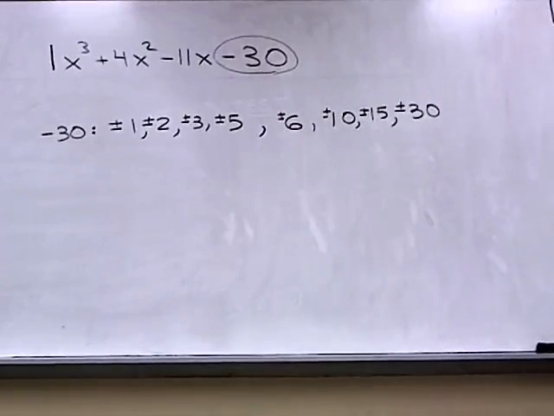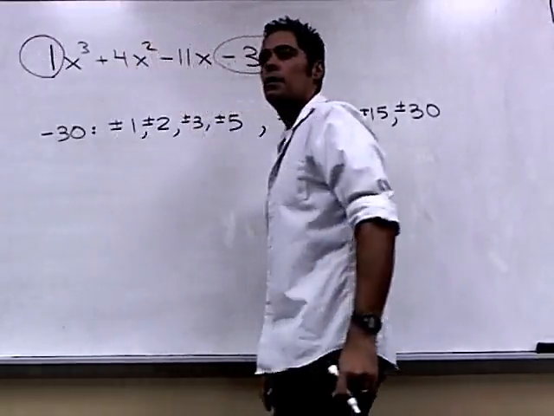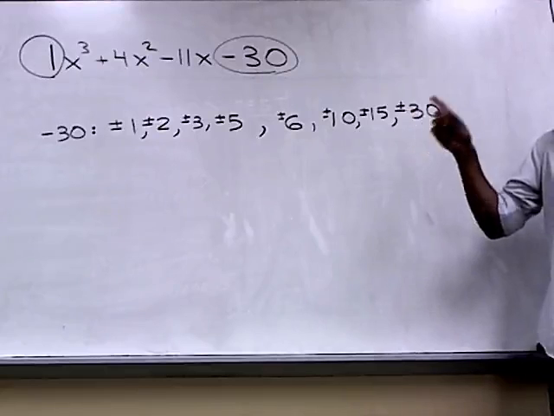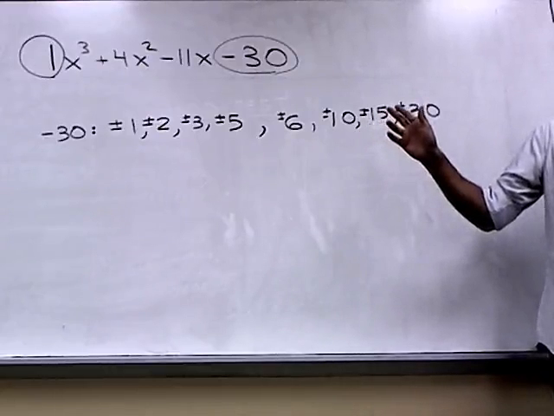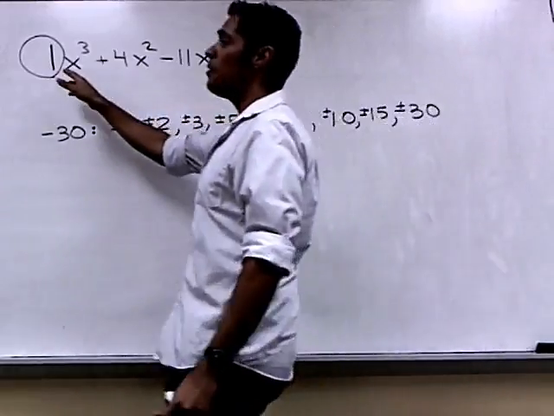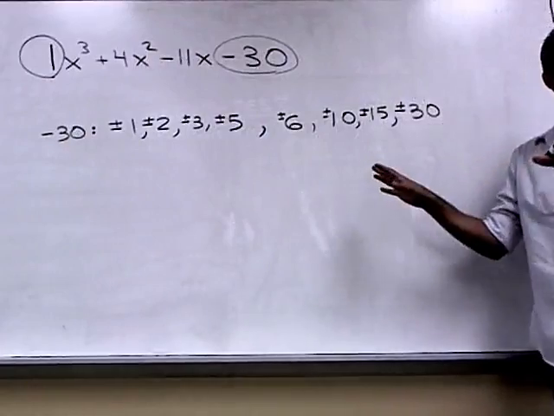Okay. Now you have to look at the number in front, which is a 1. If the number is a 1, or if the number is a negative 1, then you're done with your list. If the number here is something other than 1, we will have to address that. So for now, we're done. All right?